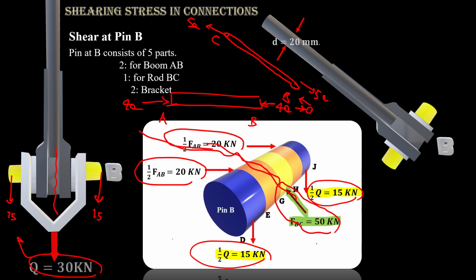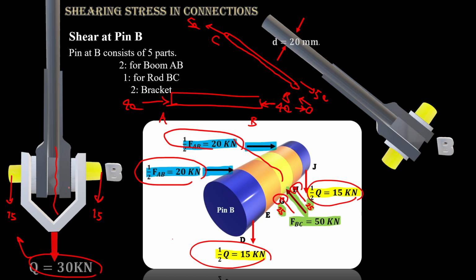If you look at it from the side, there is half of Q, which is 15, then half of FAB, and you can also consider this force, which is 50: half of that applies to G, and the other half is applied to H due to symmetry.